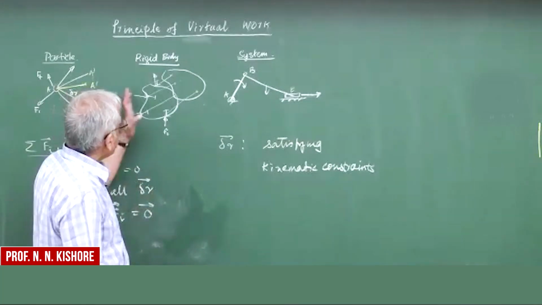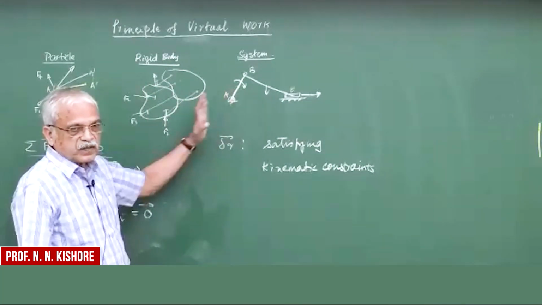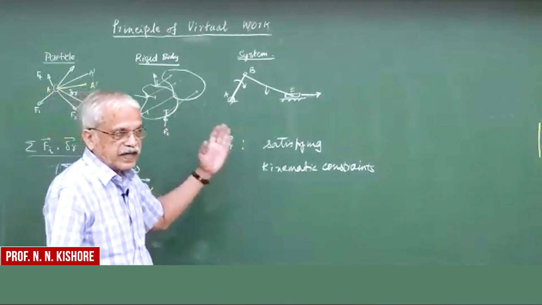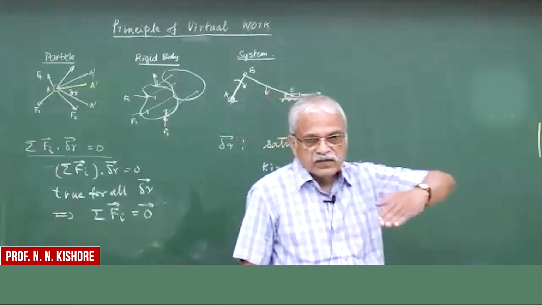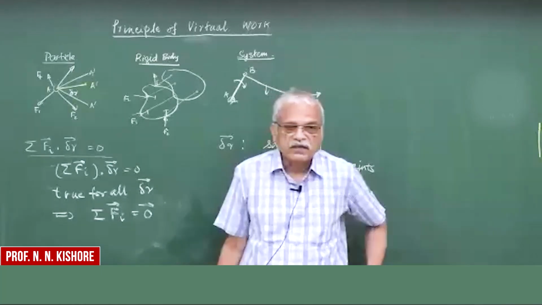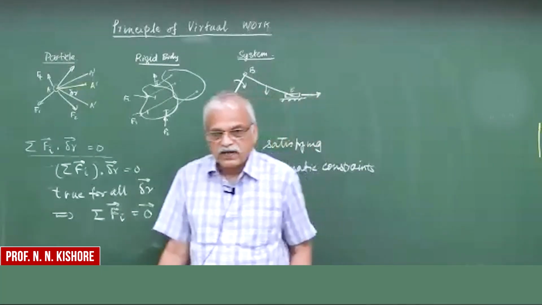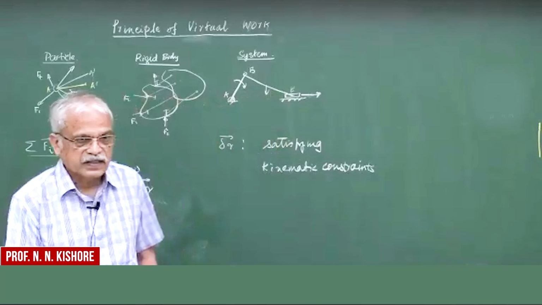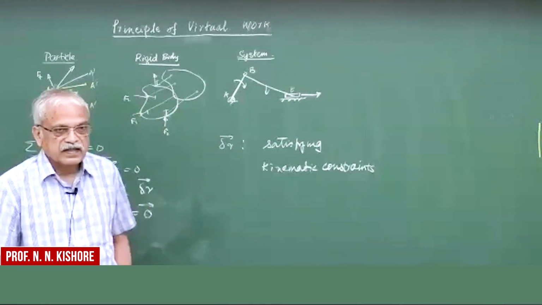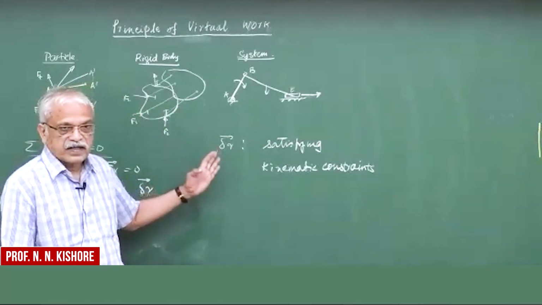If all the points have a horizontal displacement, again sigma fi x is 0. If all the points have a displacement in the y direction, then sigma fi y is 0, because that delta r in the x direction and delta r in the y direction can be taken out.